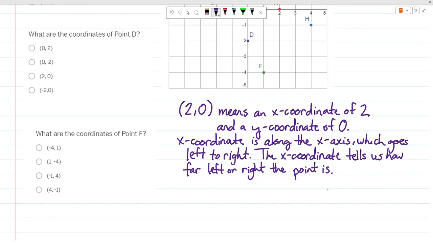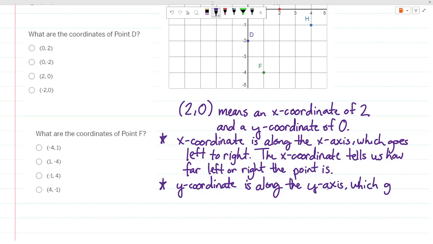On the other hand, the y-coordinate, and we could use some bullet points here, is along the y-axis. And that y-axis goes up and down.